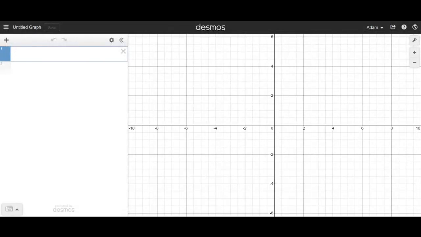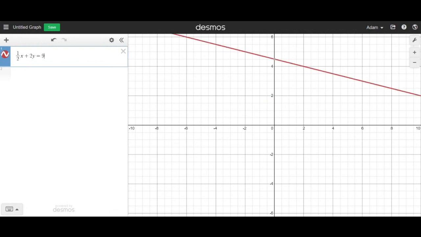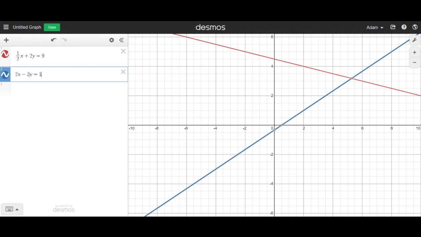So we have a half times x plus 2y equals 9. So I'm graphing the first equation. Now for the second one, 2x minus 3y is 14.